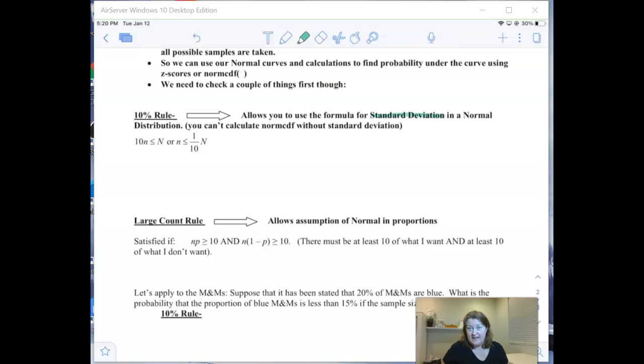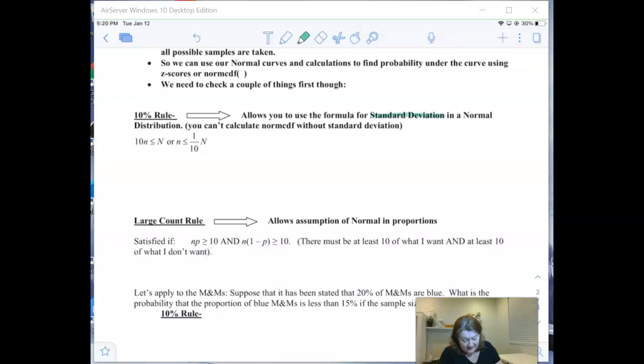So here's how you check the 10% rule to make sure we can use our standard deviation formula. It's that 10n is less than or equal to big N that we introduced last semester. Okay, so I need this in order for this binomial probability problem of proportions to go into a normal calculation.